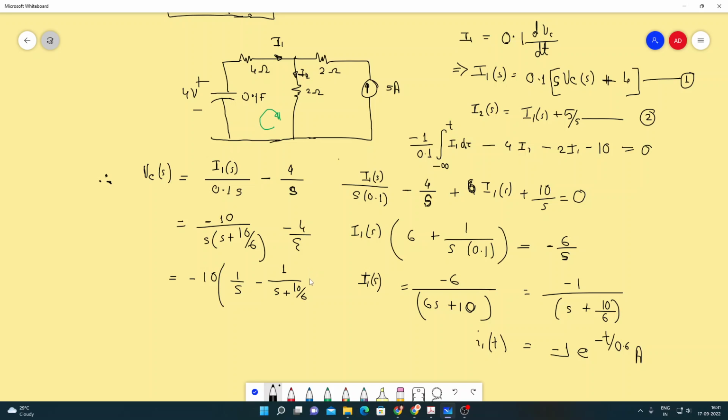Put s equals 1, then what will we get? s plus 10 by 6 on this side, s cancels out, so 10 by 6 will be the output. So we have to multiply the outer side with 6 by 10. So 10 cancels out, and we have minus 4 by s.